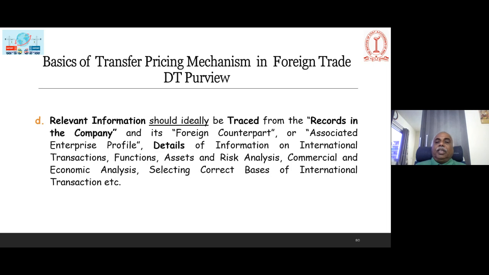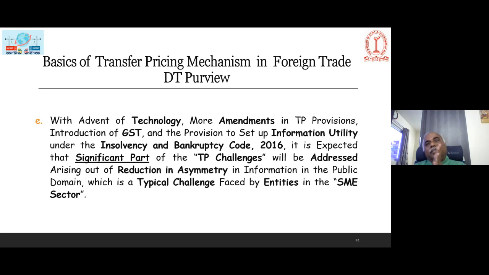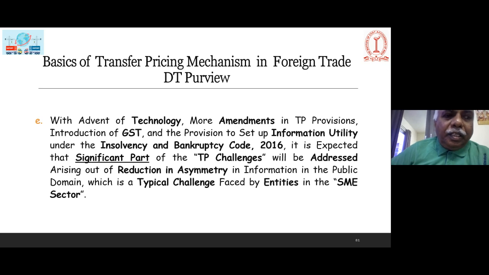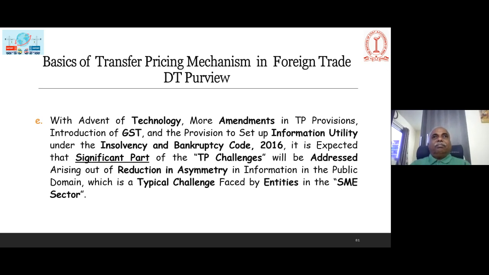So the relevant information is to be traced from the records of the company. But with the advent of technology, things have increased like anything. Even at the minute, granular level, data can be analyzed with the help of various tools that are available, particularly the technology, the software, even Excel, and so many other things.